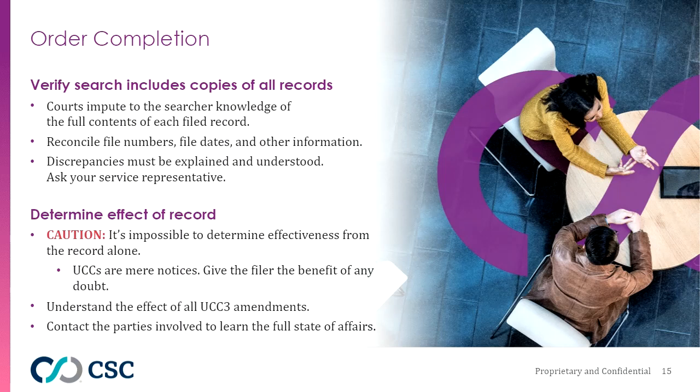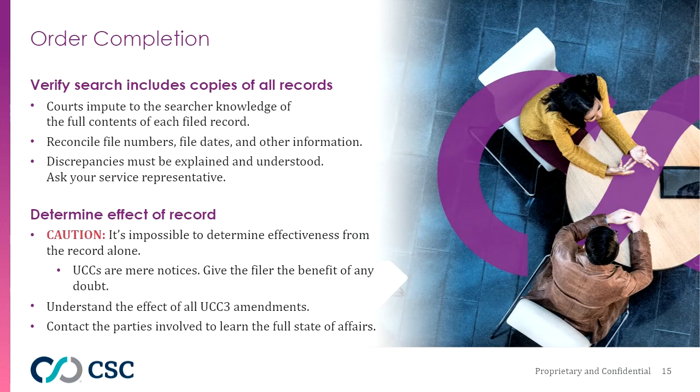Moving on to the next point, reconcile file numbers, file dates, and other information. This is important. When CSC provides you with your search results, you're getting a listing of records found. The listing is often prepared by CSC. In some cases, you get certified listings, such as Delaware. But you want to make sure that the data on the listing matches the data on the file-stamped UCC, and that would include file numbers and file dates.